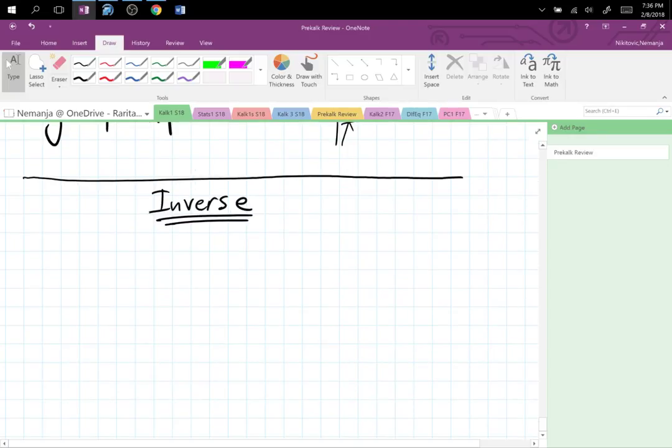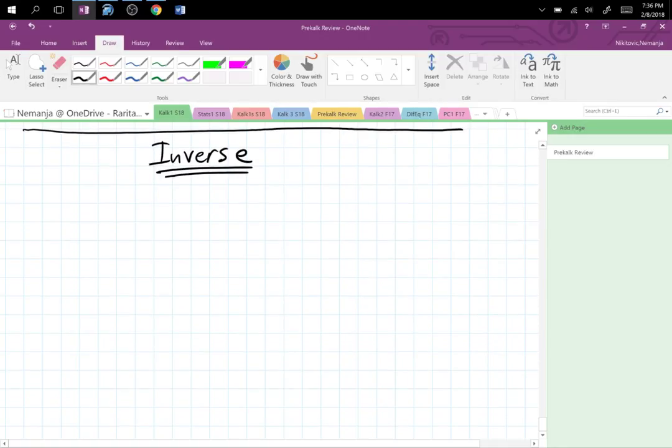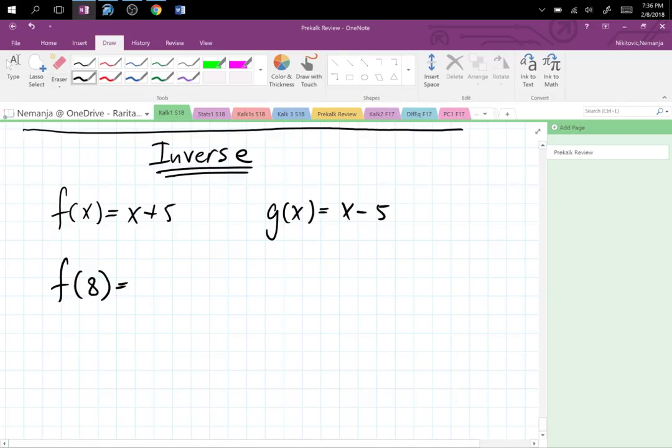Generally, I like to think of the inverse as undo, because the principle is to change the input using a function into output, and then whatever that output is, you can bring it back using an inverse. So if I have, say, function f of x equals x plus 5 and g of x equals x minus 5, f of 8 is 8 plus 5, which is 13.